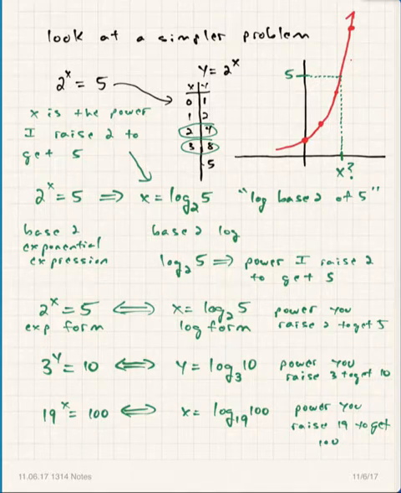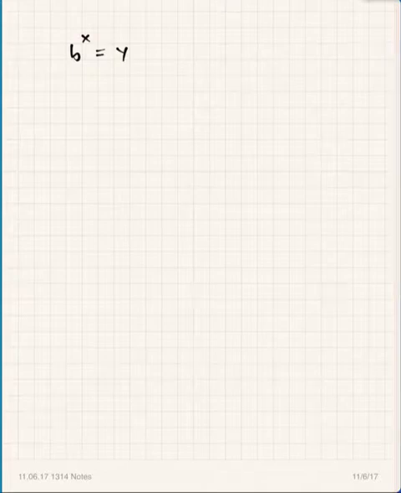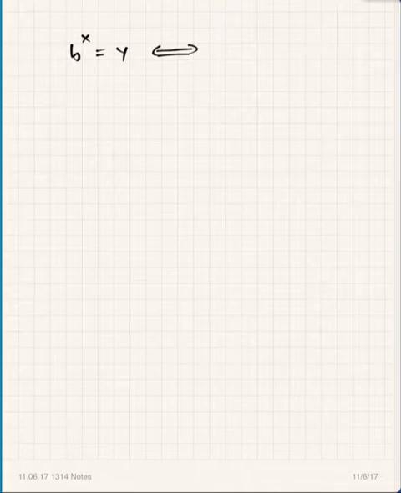All right, so let's write that on the next page here, like we were just doing. So we have this exponential expression. If we have b raised to the x power is equal to y, then that's the exponential form, and the corresponding logarithm form would be x equals logarithm base b of y.